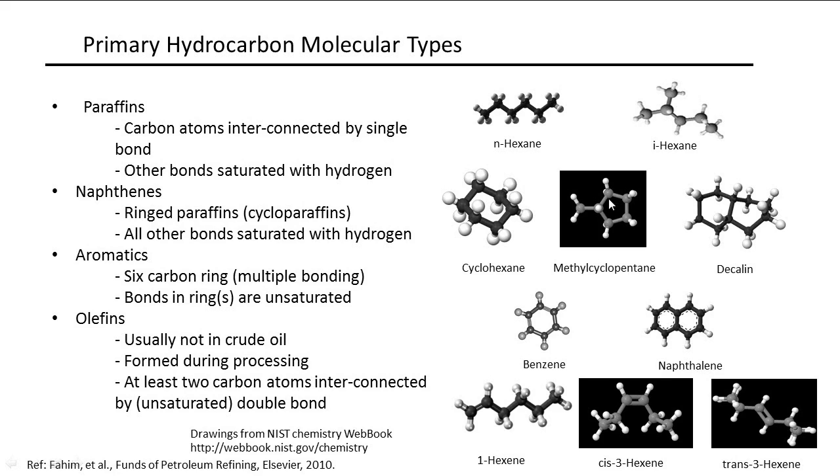So you can see the ring composed of all single bonds. How about aromatics? You will have the 6 carbon ring with multiple bonds, and also the olefins, which are usually not found in the crude oil, but at least they will be produced along the process.